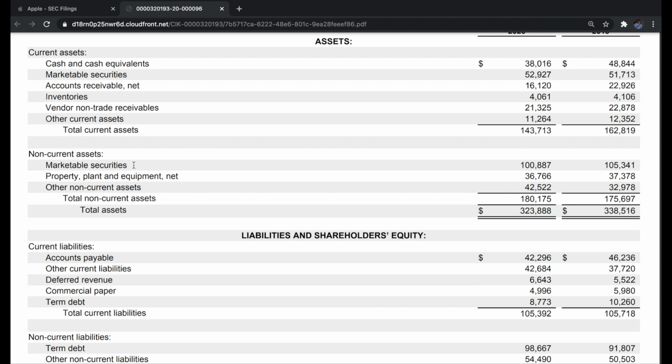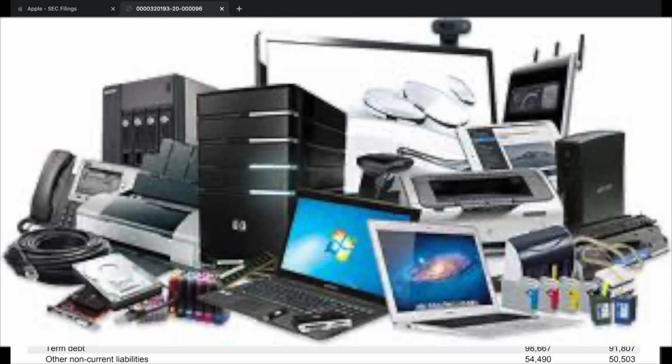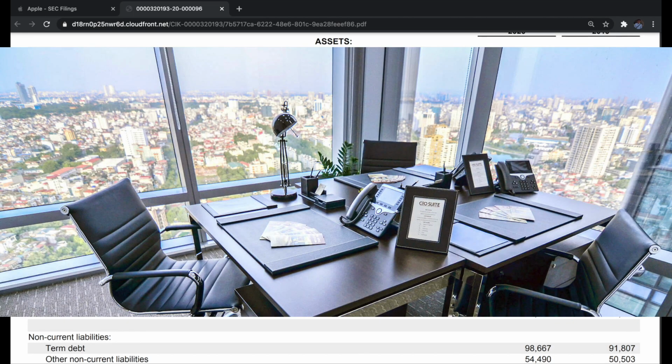The next thing we have is property, plant, and equipment, which is also called a fixed asset, meaning they are physical assets that the company cannot easily liquidate. Those can be the offices the company owns, equipment, different types of cars, vehicles, computers, lands, buildings, and so on and so on.